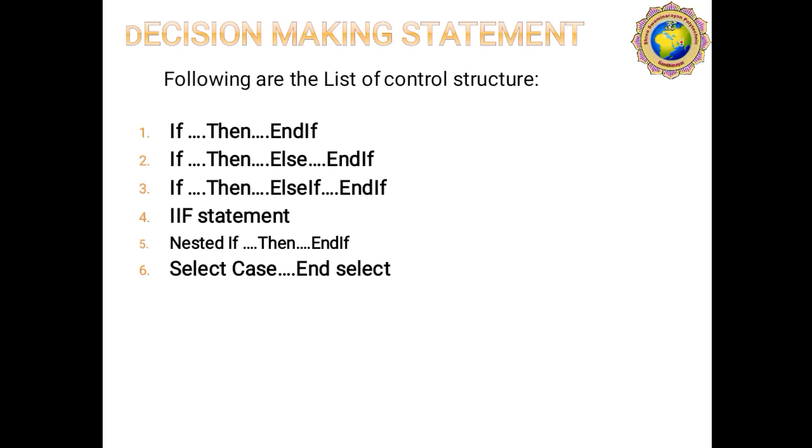Here, first of all, are the control statements of our .NET language. First is the decision making statement. The following is the list of control structures. First, the If statement: If, Then, End If. In this we use only an if statement, not if else.